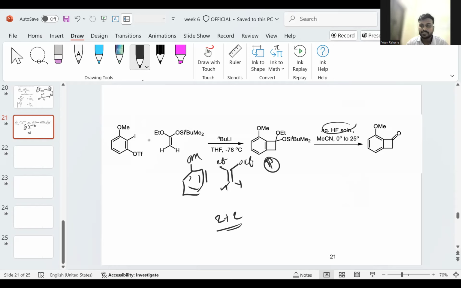And under aqueous condition, what happens? So this OEt, this in the H, sorry, this goes like this, and it forms a ketone.